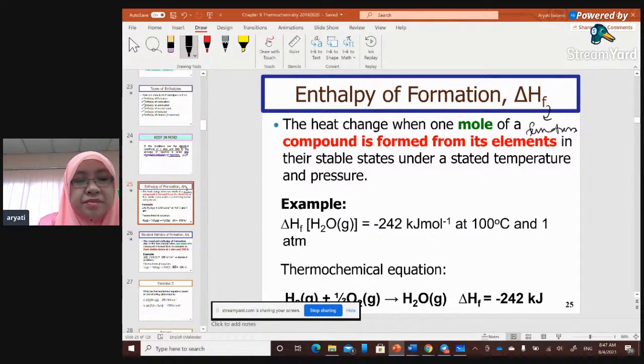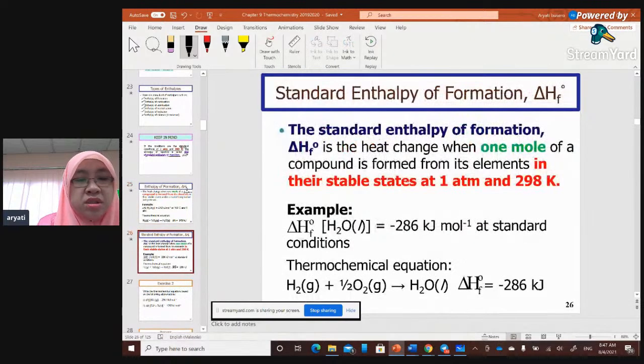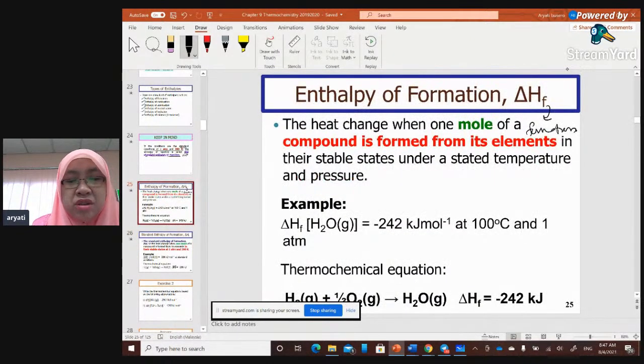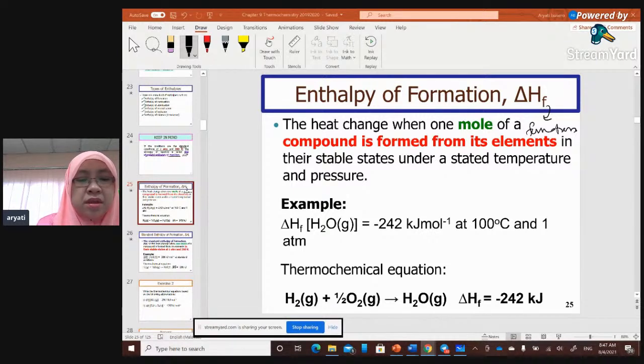The thermochemical equation will be H2 gas plus oxygen gas giving H2O. Delta HF is -2 for 1 kilojoule.